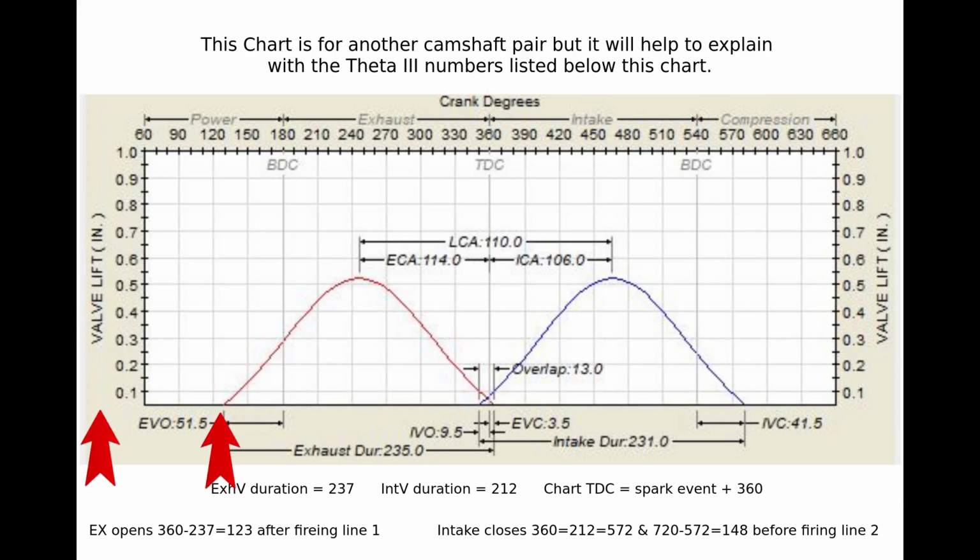With this new perspective, we can now look at this chart and understand that the exhaust cam opens a valve 123 degrees after the previous firing line, which makes it a minus 123 degree number. And likewise, the intake valve closes 148 degrees before the next firing line, and that makes it a plus because it's before the firing line.